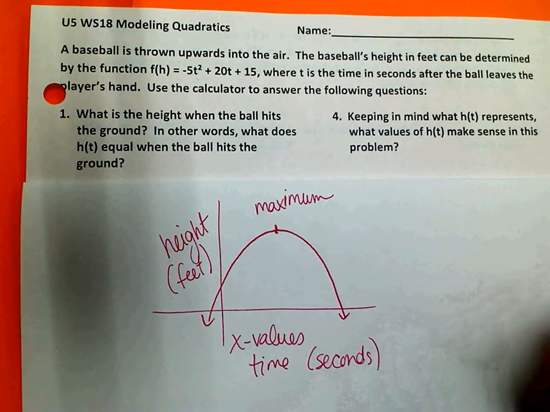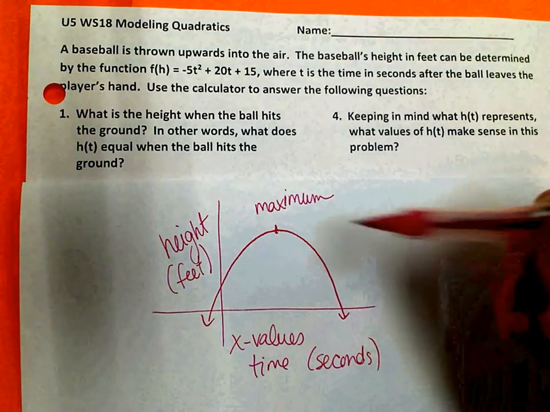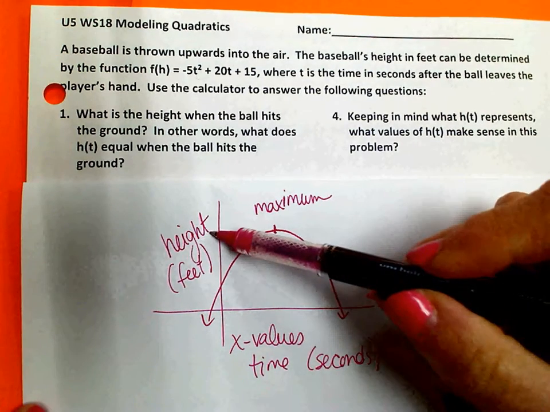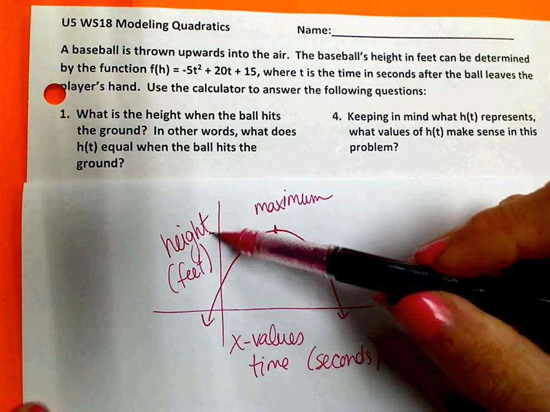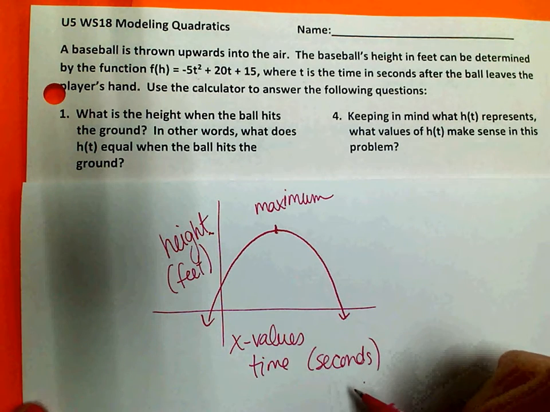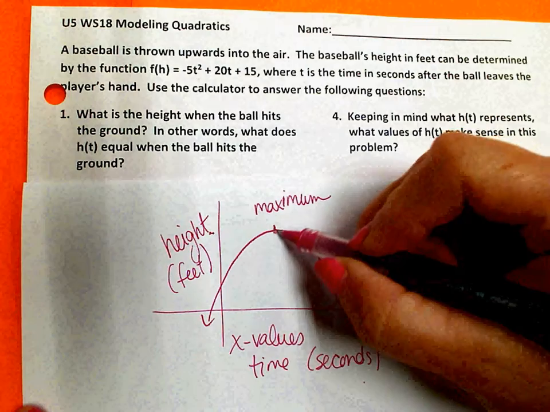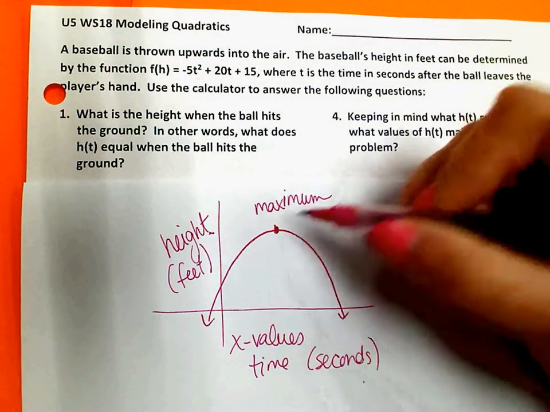So if you could just interpret that part before you even start and know anytime that I ask you something about how high up in the air the ball is, I'm asking you to find a y value. If I ask you something about how long it took, how many seconds it was there, I'm asking you to find an x value. So this maximum, I could ask you, what's the highest that the ball went?